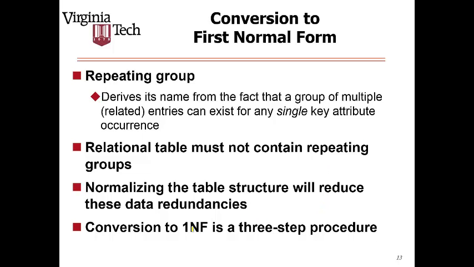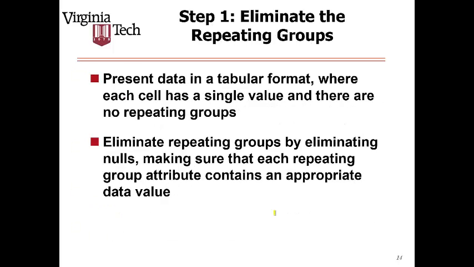And so the process for converting to third normal form has a series of steps. First is we make a tabular, put our data as though it were a table, so that the repeating group has a single value.